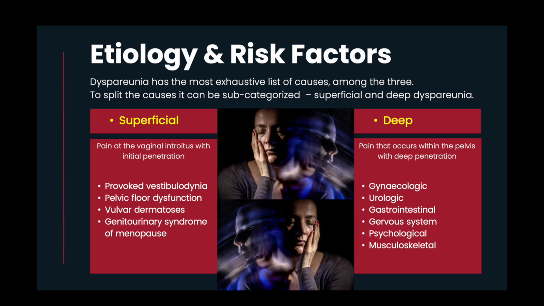Superficial dyspareunia includes even provoked vestibulodynia. It can be because of pelvic floor dysfunction, vulvar dermatosis, or genitourinary syndrome of menopause. Deep dyspareunia has many causes, which include gynecological, urological, gastrointestinal, central nervous system related, psychological, and musculoskeletal.